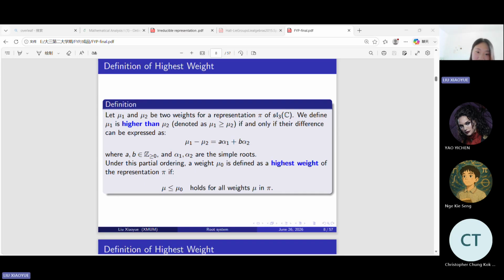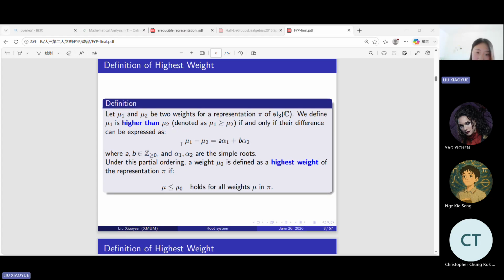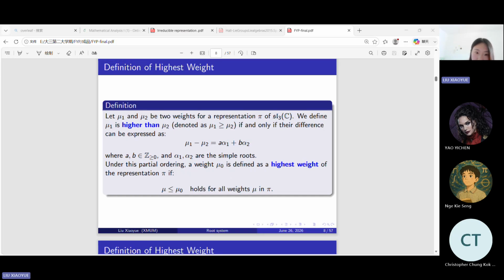If A and B are positive integers, then we say mu1 is higher than mu2. Under this definition, a weight mu0 is a highest weight if mu0 is higher than all other weights mu in this representation.